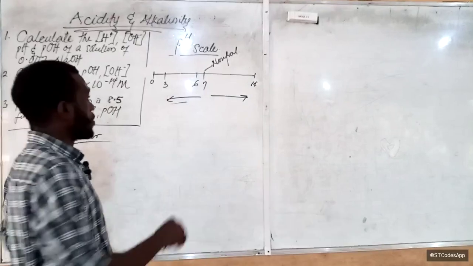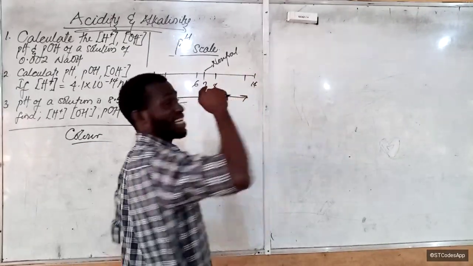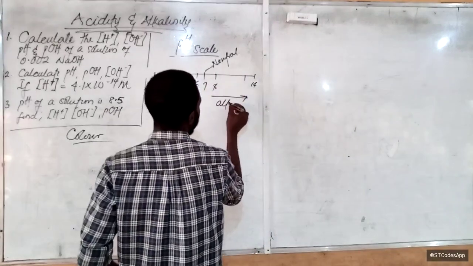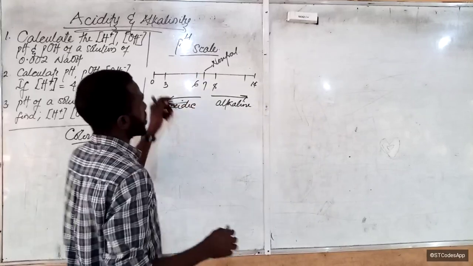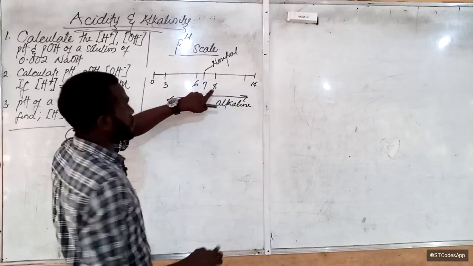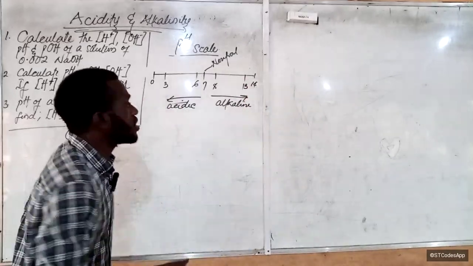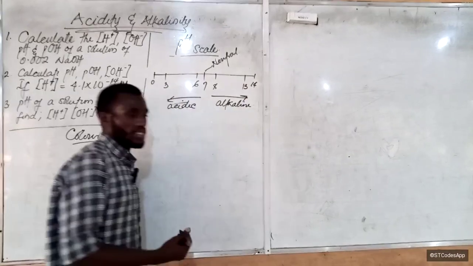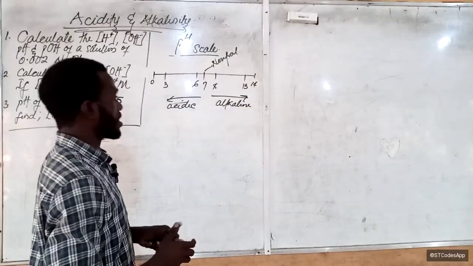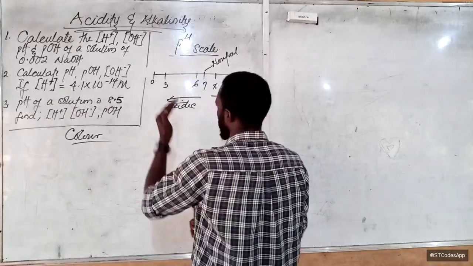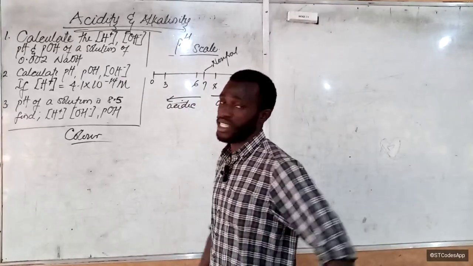And a substance having a pH of 8 will not be as alkaline as a substance with a pH of 13. So the further to the right the pH value of a substance tends, the more alkaline the substance is, and the more to the left the pH value tends, the more acidic the substance is.